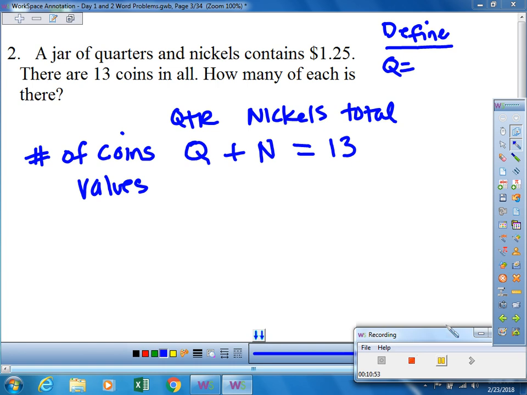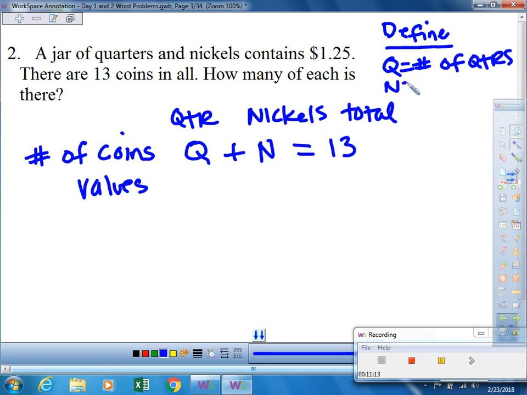So what does Q represent? Number of quarters. What does N represent? Number of nickels. And don't just put nickels. It's number of nickels.